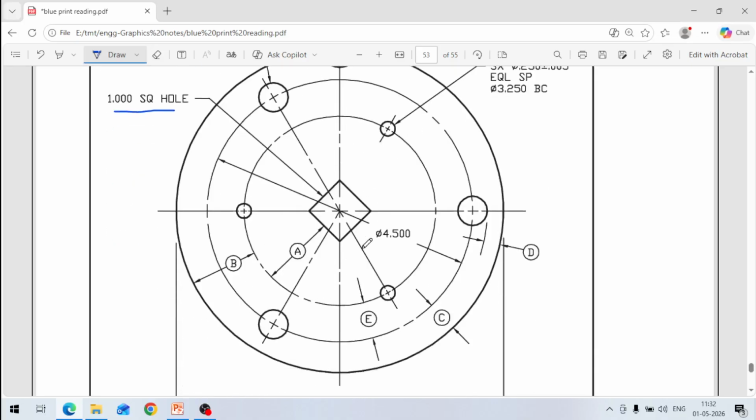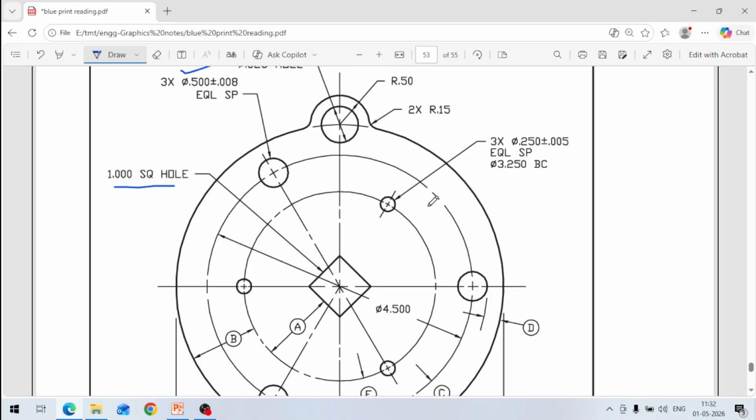And then holes are given. This is here 3 into dia 0.250 plus minus 0.005, equally spaced on dia 3.250 BC, which means bolt circle.